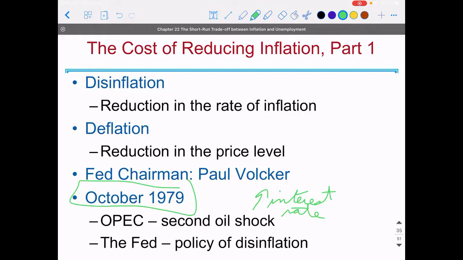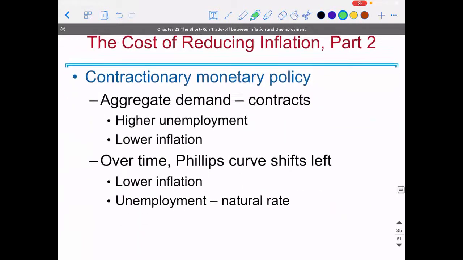That's where we saw the unemployment rate at its highest since the Great Depression. Volcker intentionally cooled the economy down dramatically in order to lower the inflation rate.